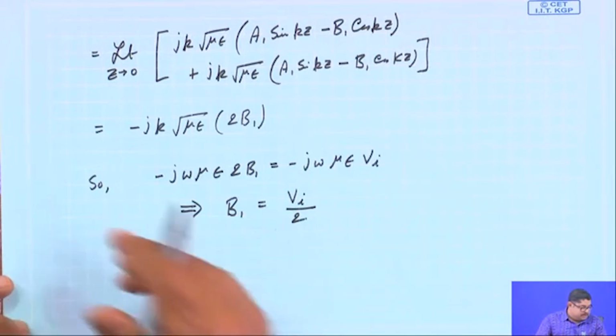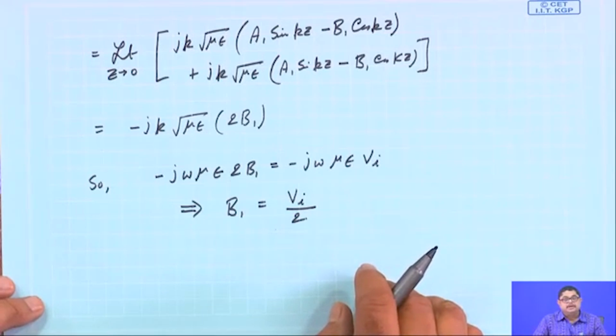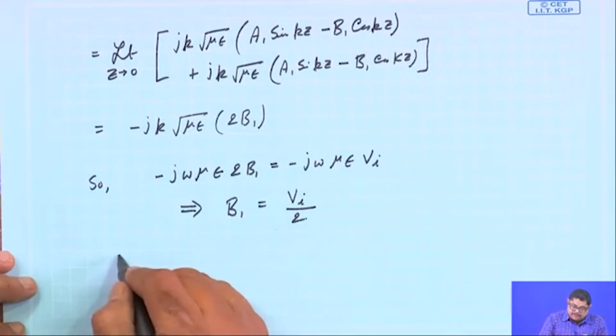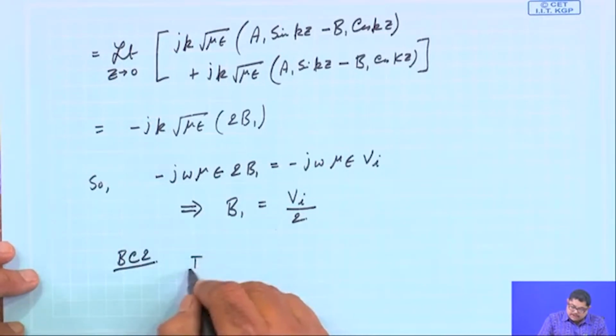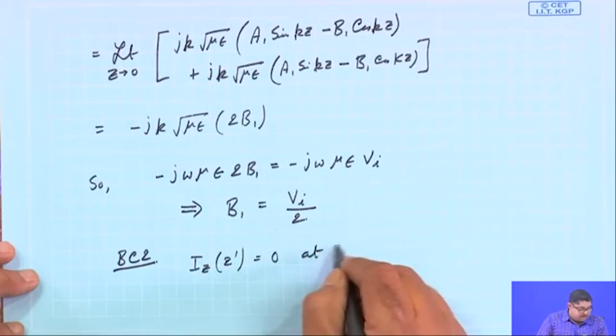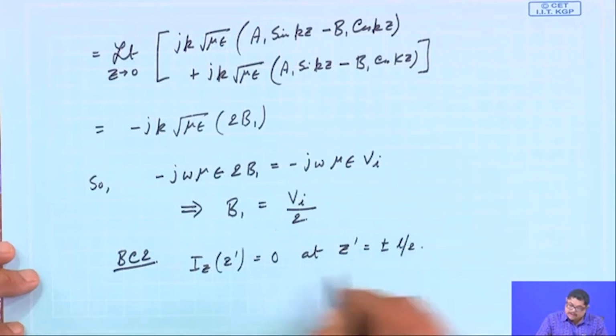Now, knowing this, I know the second boundary. This is the first boundary condition. The second boundary condition, BC2, is that I z dashed is equal to 0 at z dashed equal to plus minus L by 2.